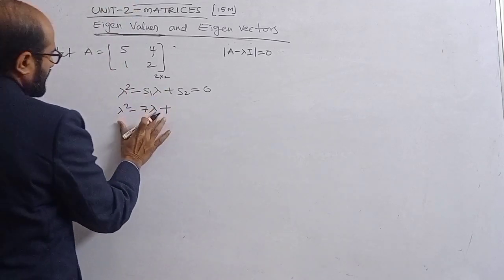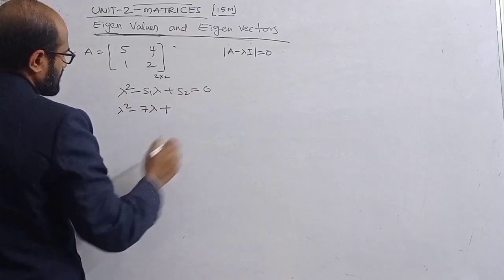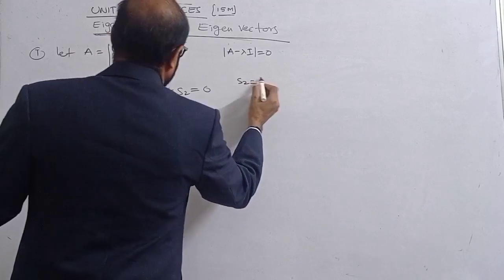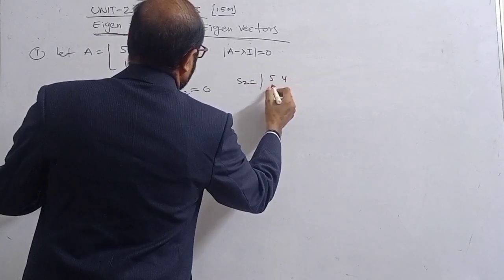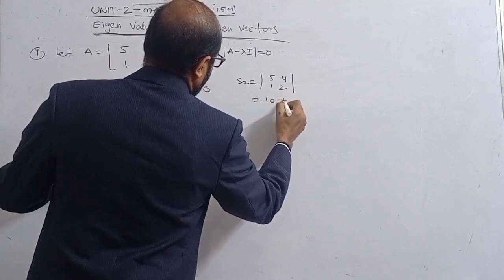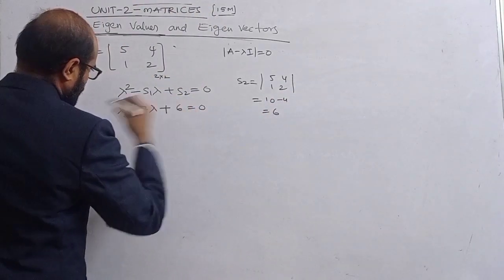S1 is the sum of the principal diagonal elements, and S2 is the determinant of A. Now what is the determinant of A? S2 equal to, here, 5, 4, 1, 2. This is 10 minus 4 equal to 6. So write down simply 6 equal to 0.